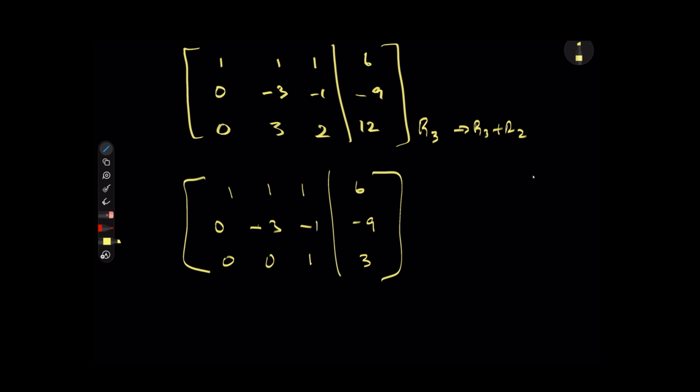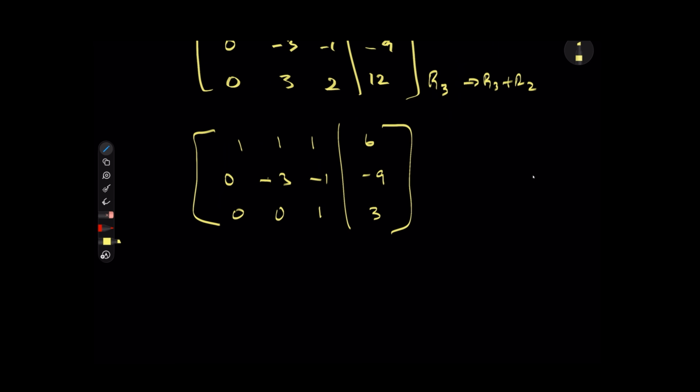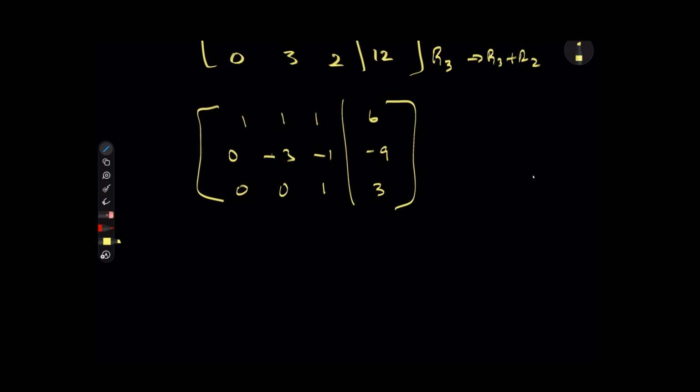Okay, I do not need to reduce anymore because I'm seeing that I have z is equal to 3 here. So maybe I can back substitute and get the solution. It looks as though I'm already getting a unique solution. From row 3, I have z is equal to 3.